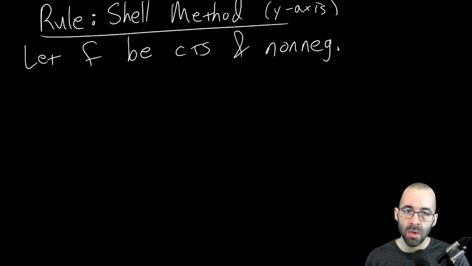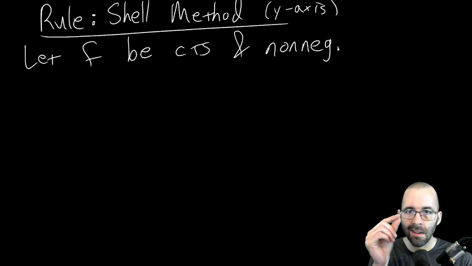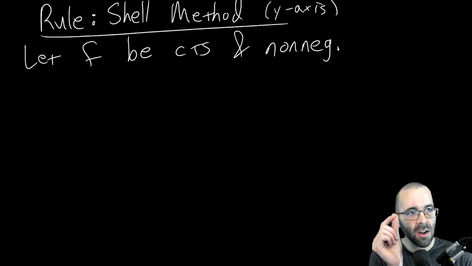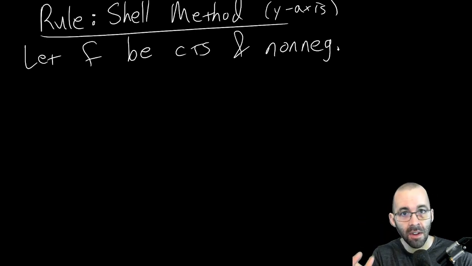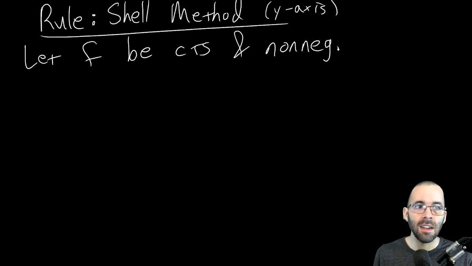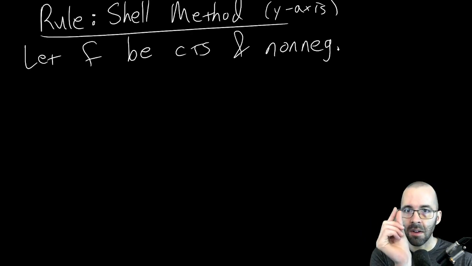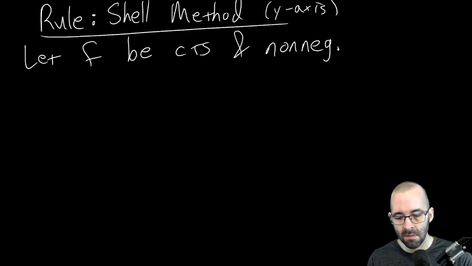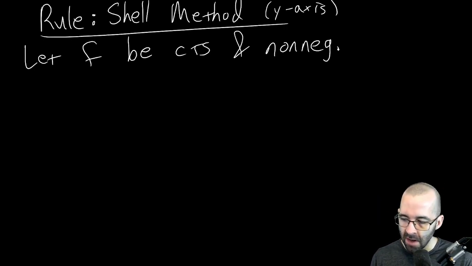Continuous is important because of all the assumptions we're making, that if delta x is really small, then f is close together. That's only true if it's continuous. If it's not continuous, then small changes in x could have huge changes in y. And non-negative is just for convenience. We can split things up into negative and positive in other situations.